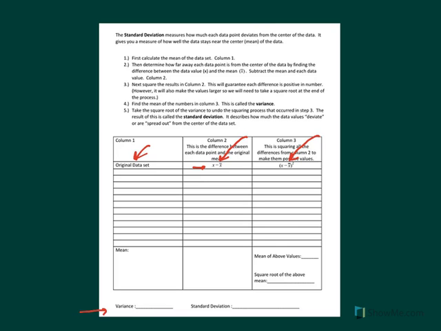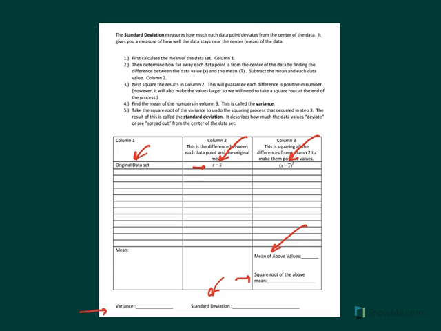So if you find your new mean of all these squared differences, you're going to get the variance. However, this number is going to be larger than the actual original numbers in the data set because we squared everything. So to undo the fact that we squared everything, we're going to square root it. And that's going to be what we call our standard deviation.